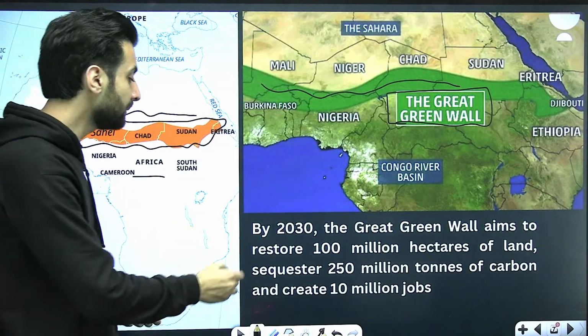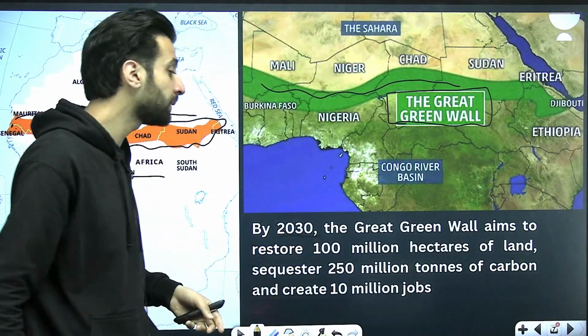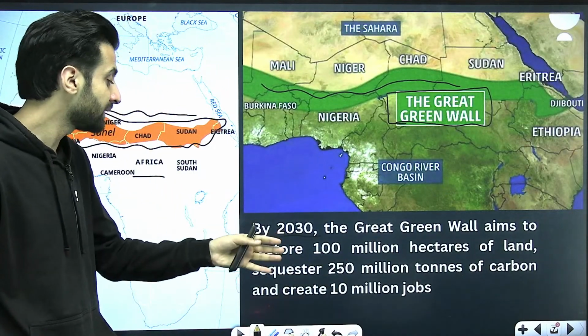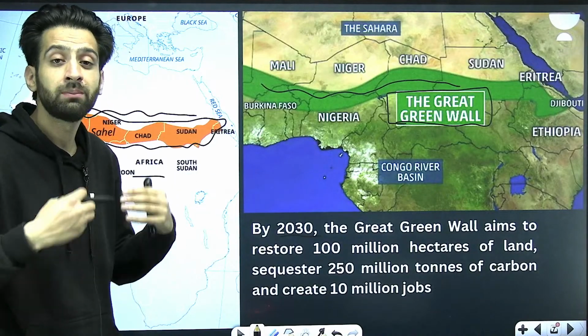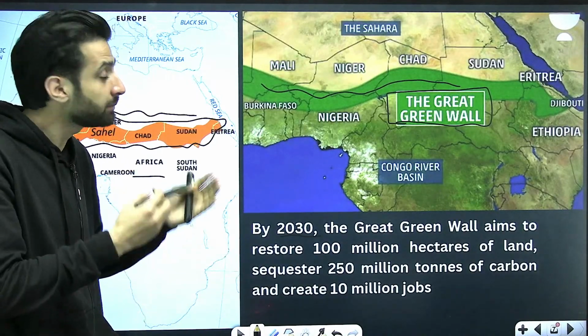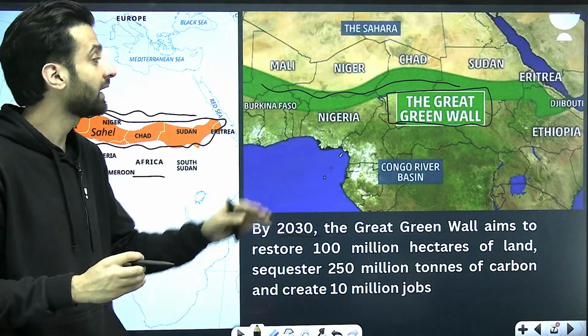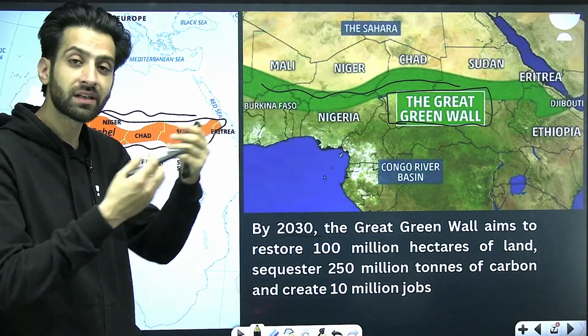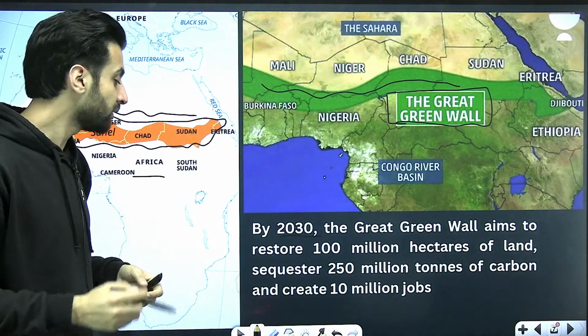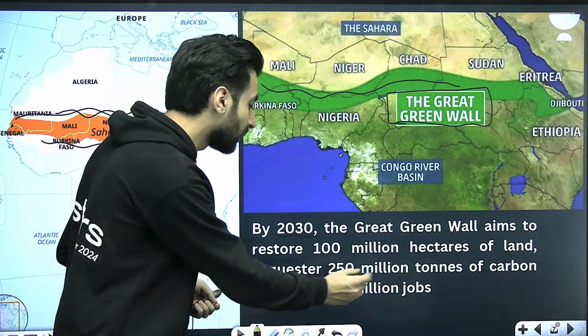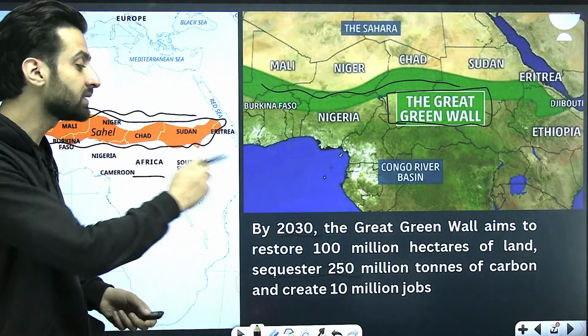Number two, the main aim is that by 2030 more than 100 million hectares of land is restored. They plant so many trees that 100 million hectares, just imagine the size of the land, is restored. And number two, that will sequester around 250 million tons of carbon.